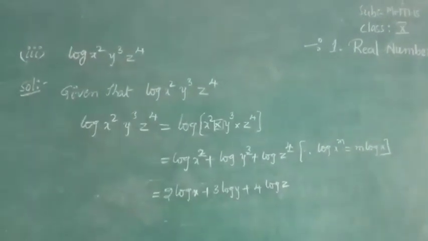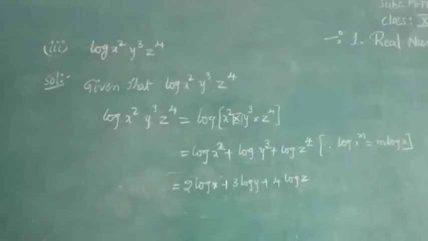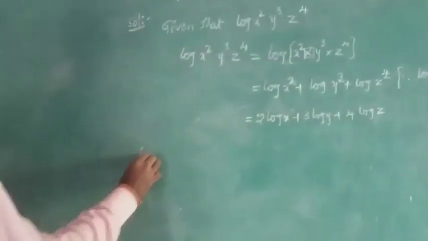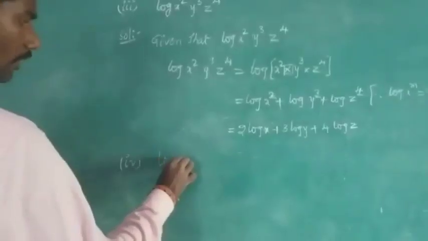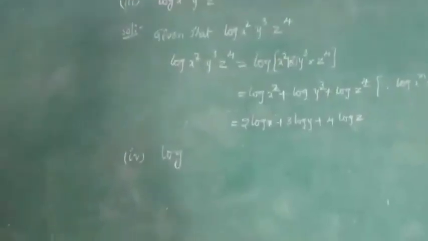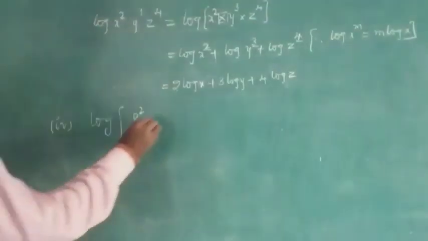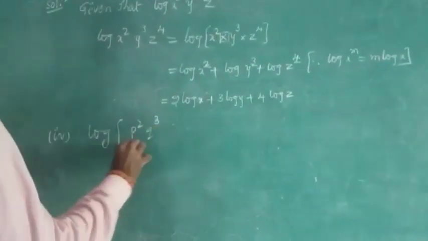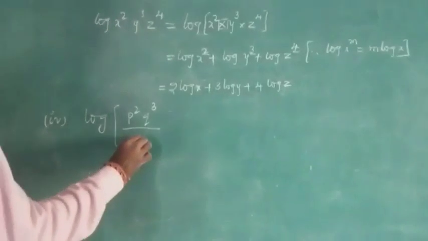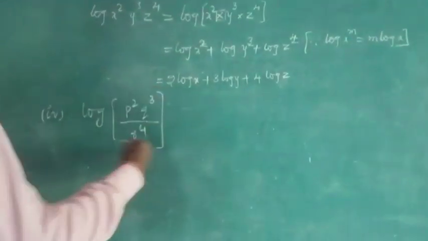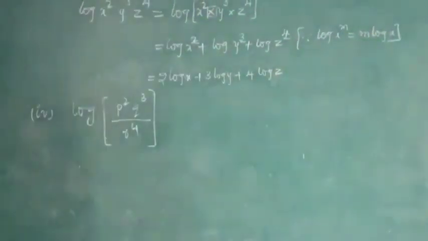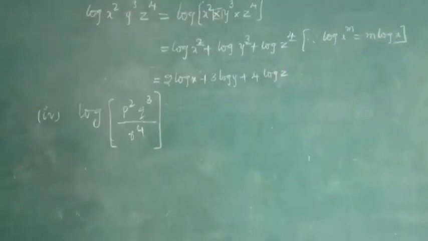So now I would like to explain you the fourth problem. What is the fourth problem? Log of p square q cube by r to the power of 4.